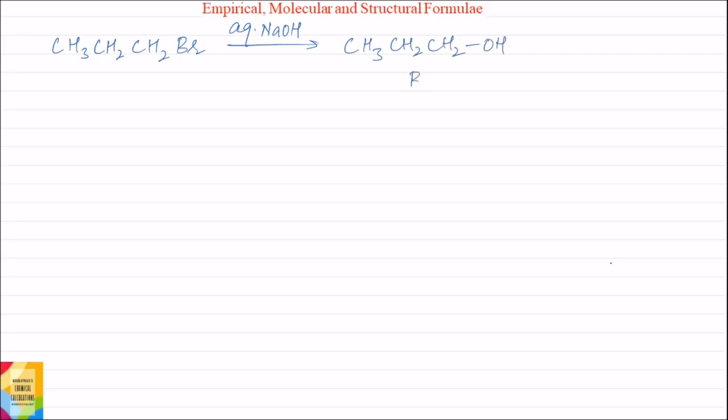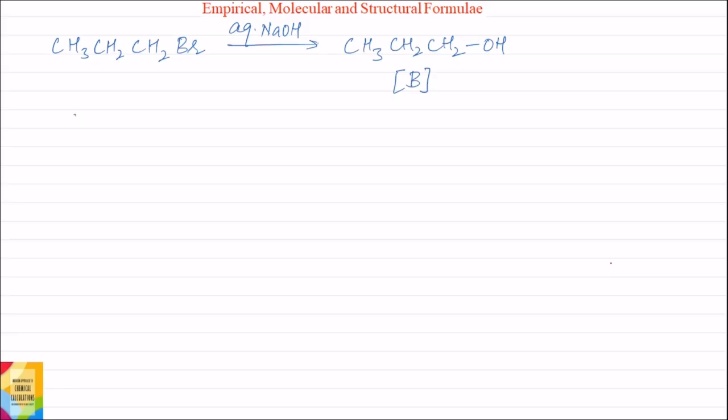So this is the structure of B. Now B when passed over alumina at 250 degrees centigrade gives a neutral compound C, while at 300 degrees centigrade it gives a hydrocarbon D. At low temperature, two molecules of B will join together with elimination of a water molecule to give a neutral compound C, or we can say intermolecular dehydration will take place.